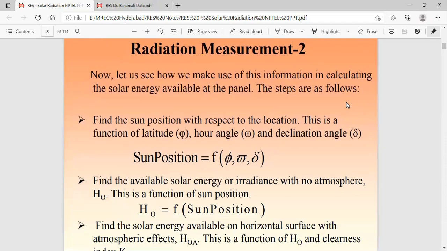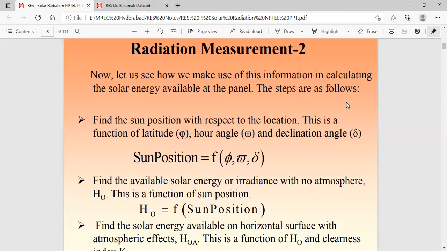Now let us see how we make use of this information in calculating the solar energy available at the panel. The steps are as follows. First step, find the sun position with respect to the location. This is a function of latitude, denoted phi, hour angle, omega, and declination angle, delta.